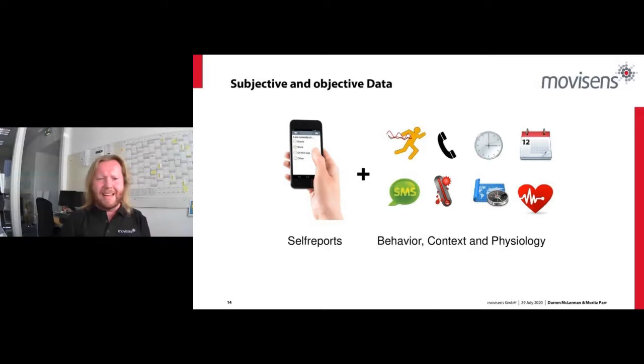If you've got something like EDA, electrodermal activity, you're very much interested in the sympathetic nervous system component of the autonomic nervous system. When you see a savage spike in the EDA signal, you might want to find out why. When you're stepping out of the lab and going into an ambulatory environment, having additional context as to why you're getting some sort of physiological response can be very valuable.